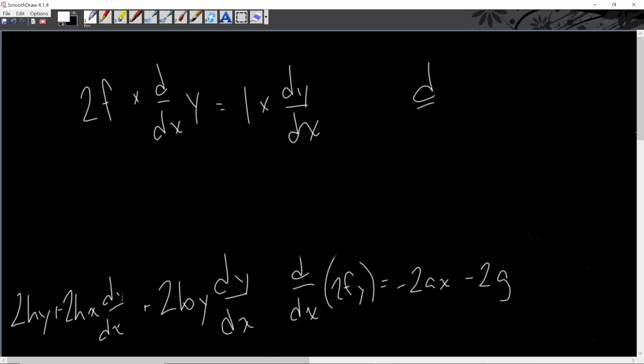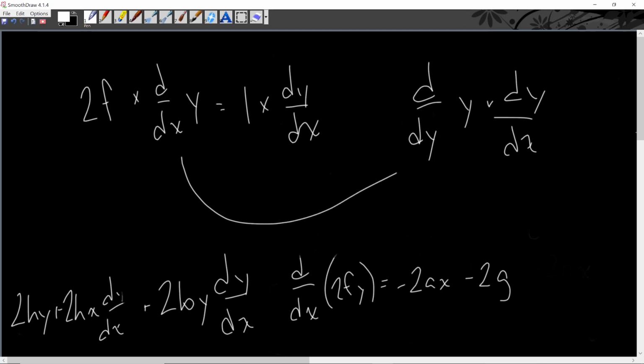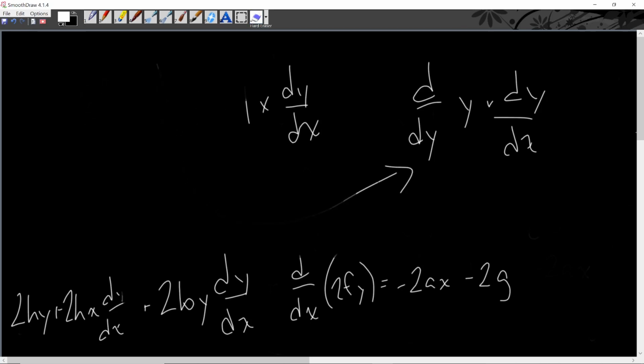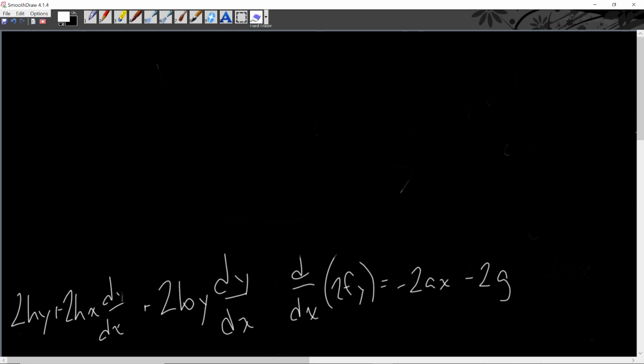Again, that's going to be d dy of y times dy dx is equal to that. All right, so we have 2f dy dx. Remember, we did have that 2f that we brought out at the front, so this is going to be plus 2f dy dx.